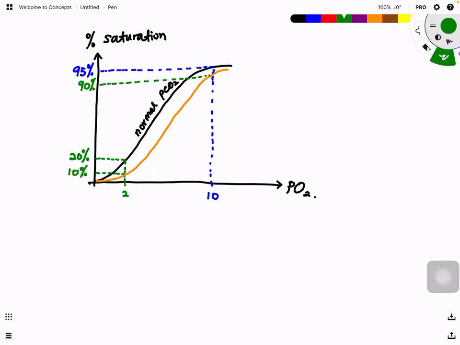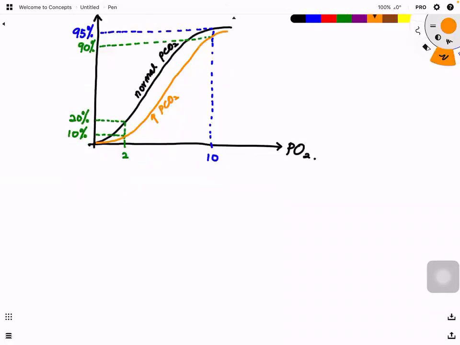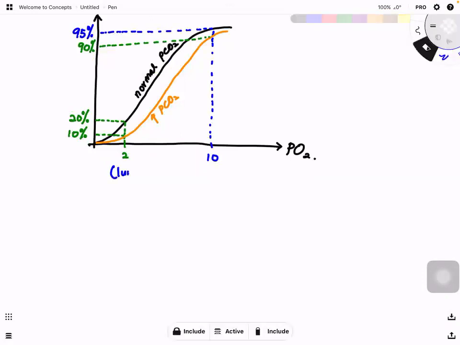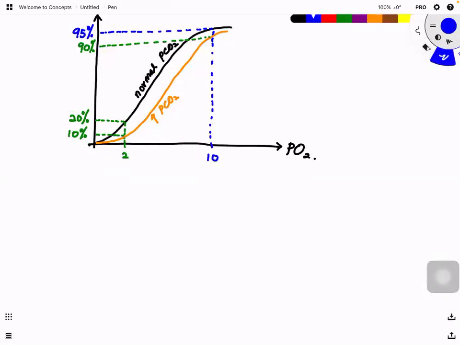But the thing here is always remember, if you analyze the graph, you cannot simply look at the particular graph only. This is a high PCO2. Now look at this. 2 kilopascal here represents the muscle, for example. So let's say you carry out the running process.